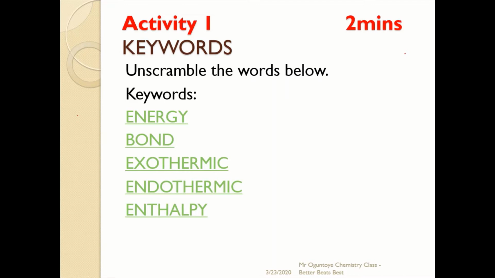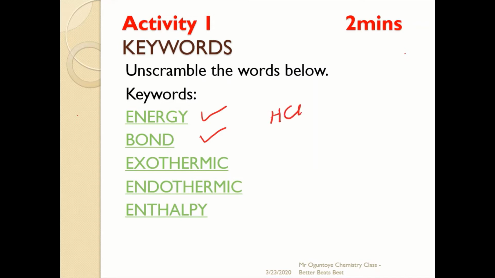We'll be looking at the term energy, because energy means the ability to do work, which is measured in joules. Bond has to do with the chemical connection between two elements forming a compound. Example, HCl.